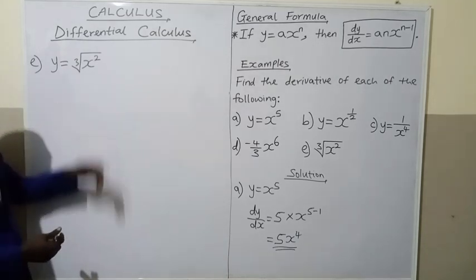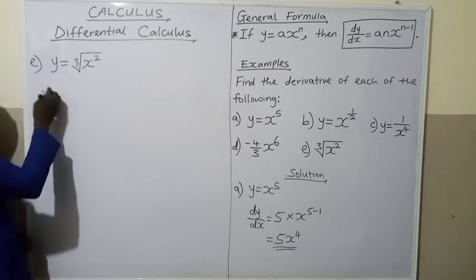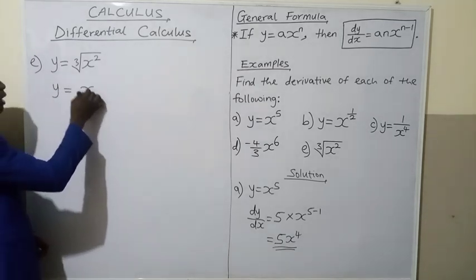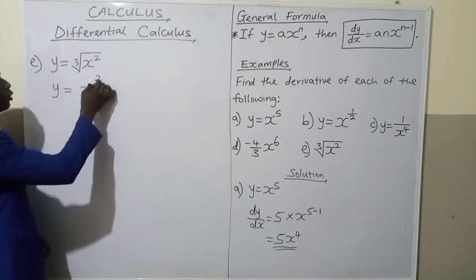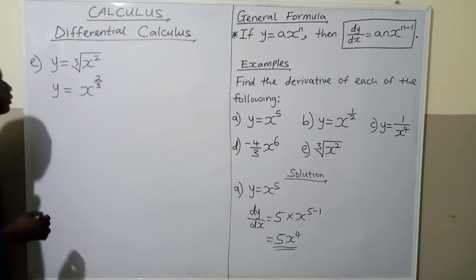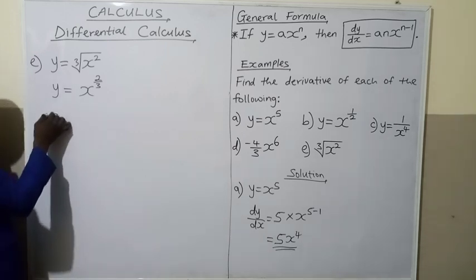Letter E, which is the final example in this section. So y equals cube root of x squared. So we are going to rewrite y. So y is going to be x raised to power 2 over 3, by a law of indices, the fractional power law actually. So what happens here?